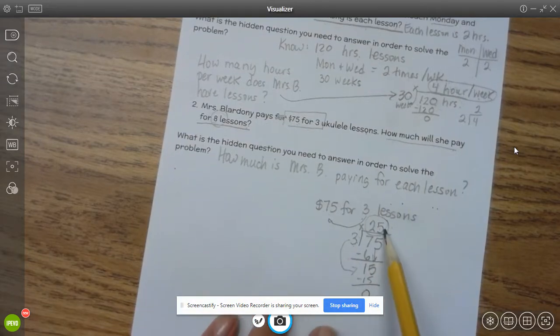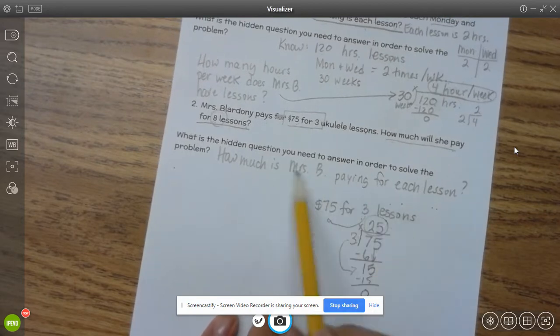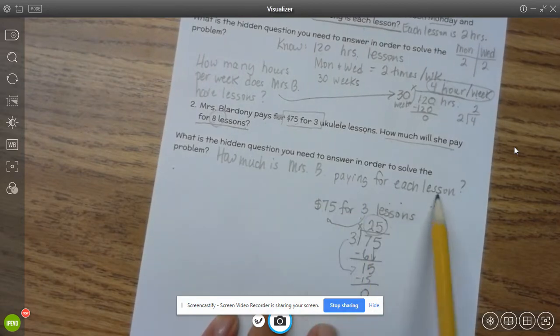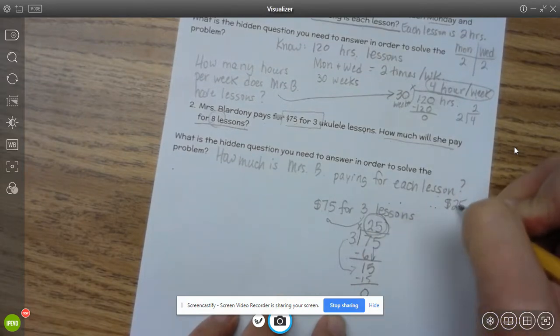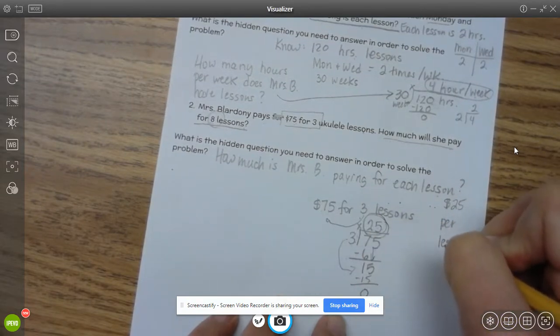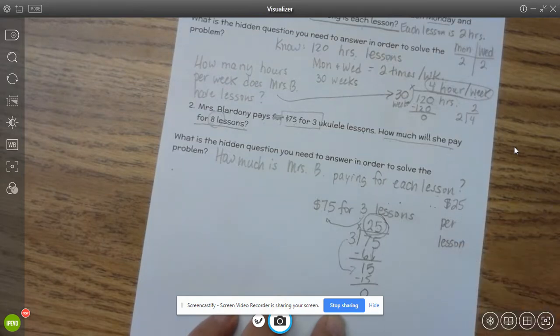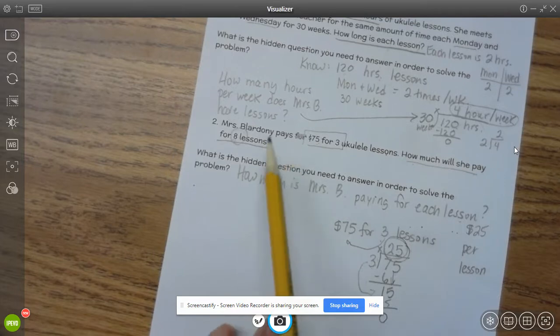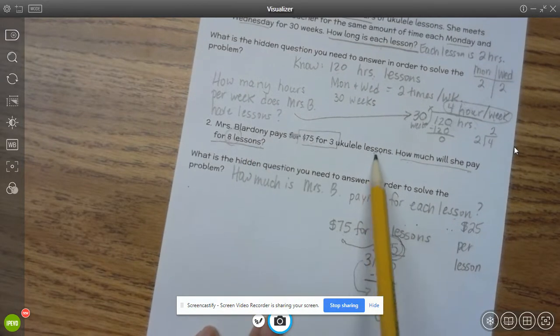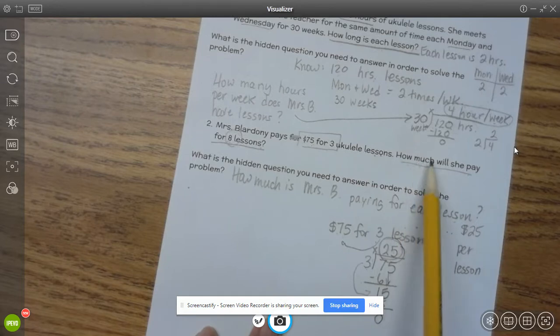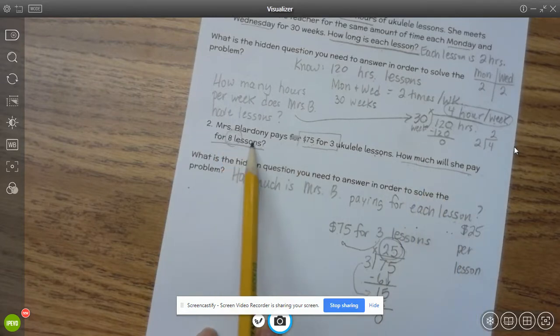Okay, so now we've answered the hidden question. How much am I paying for each lesson? I am paying $25 per lesson. Now, I'm going to go back because that is not the end of my question here. I didn't answer my question. If I go back to my word problem, I want to make sure I answer the question. So the question is, how much will she pay for 8 lessons?